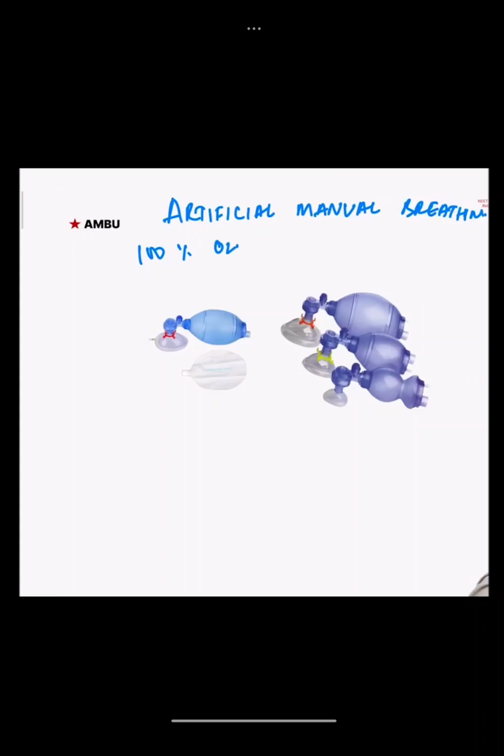On the AMBU bag you have two valves. One is called the Rubens valve, a unidirectional valve that prevents rebreathing of carbon dioxide. Apart from the Rubens valve, there is one more valve, which is called the pressure relieving valve.